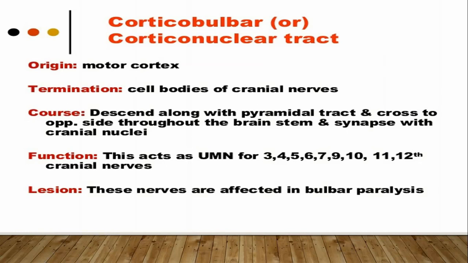Function: this acts as an upper motor neuron type of lesion for cranial nerves 3, 4, 5, 6, 7, 9, 10, 11, 12, except the 8th cranial nerve. And the lesions are affected in case of bulbar paralysis.